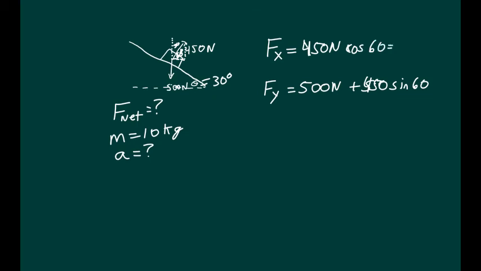So 450 times the cosine, okay, my calculator is being goofy. So 450 times the cosine of 60 is 225 newtons. Okay. 60 sine times 450 is 389.